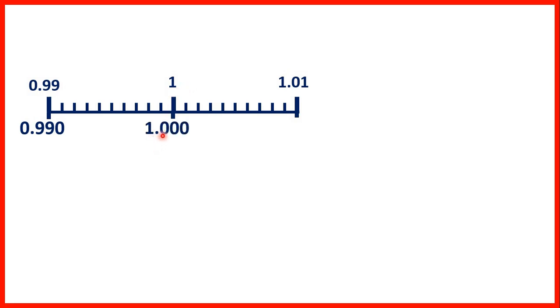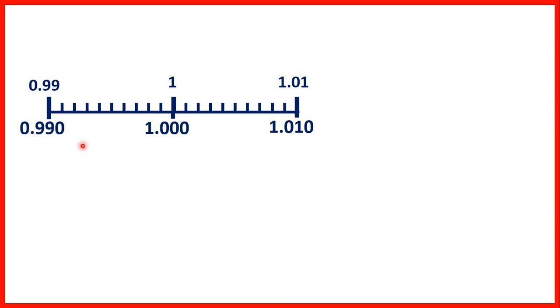That's 1.000, because we can always put a decimal point and then zeros on the end of a whole number, and that doesn't change the number. Finally, 1.01 can be written as 1.010.